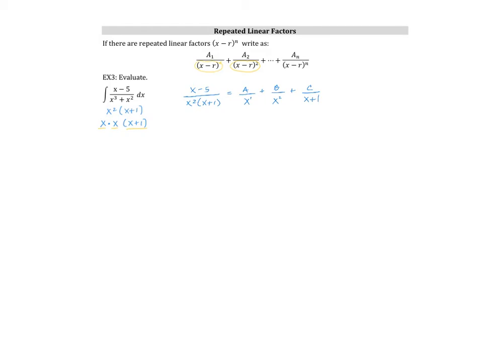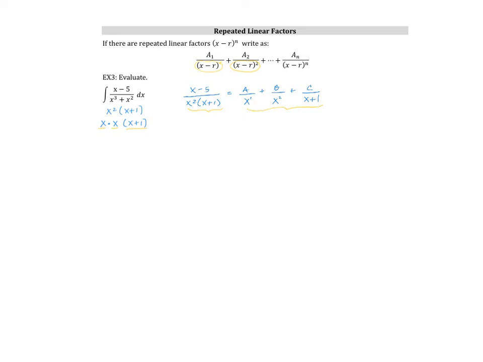Okay, and the reason why we have to do that is, think about this. If I was to combine all these fractions here, I need the denominator to be x squared times x plus 1. If you left off the square and you just did x plus x, then you wouldn't get back to that same denominator.